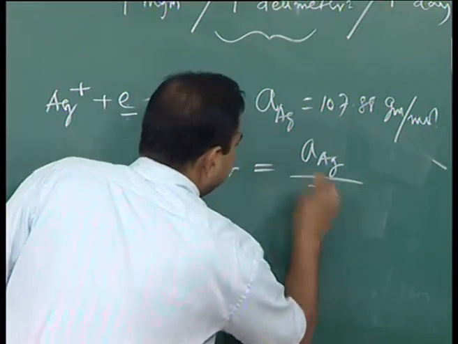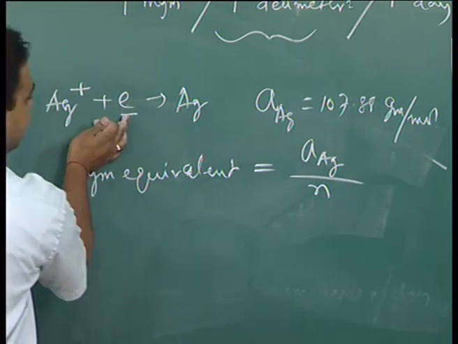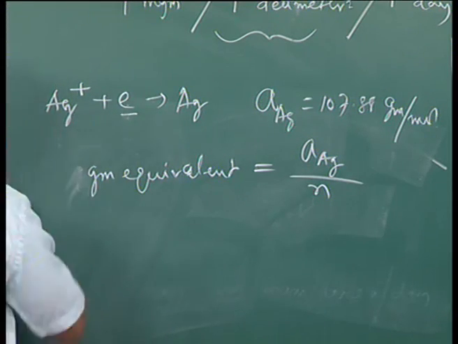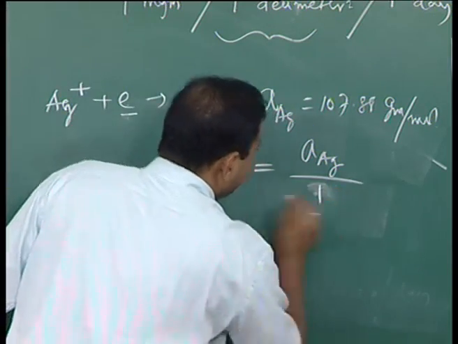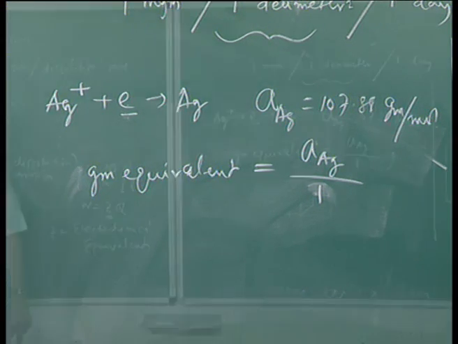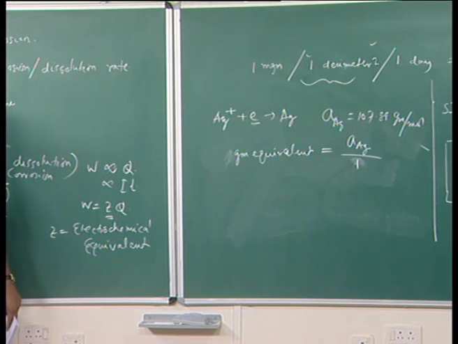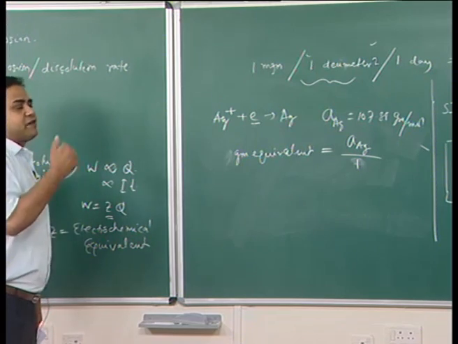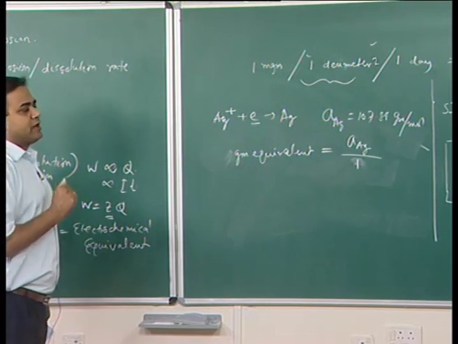Ag by n, which is nothing but the number of electrons that are involved for the reduction process. Here n is 1, so which is nothing but the molecular weight. And we know that if we supply 1 Faraday of electricity, then the charge would be equivalent to 1 gram equivalent weight.